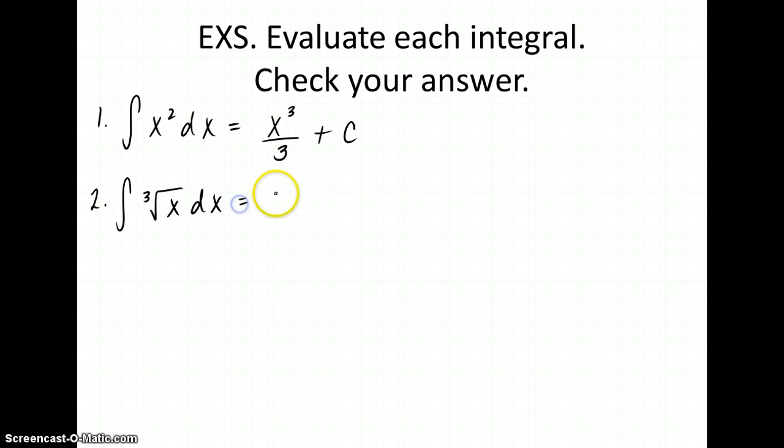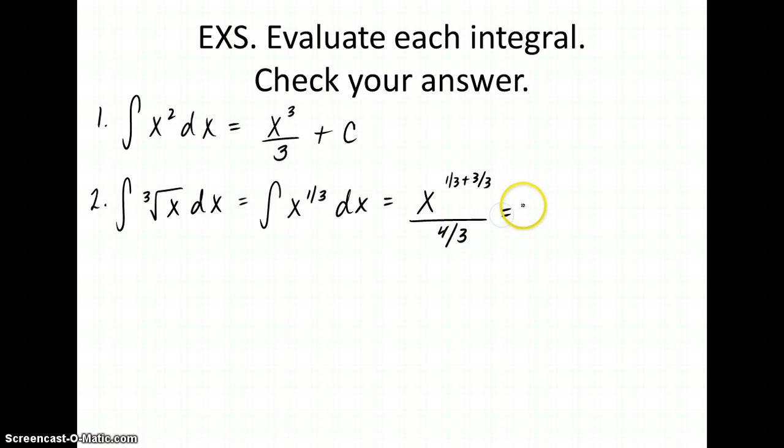So like when we learned the power rule with the derivative, rewrite it so it's in the form x raised to some power. Add 1 to the exponent and divide by the new exponent. Dividing by 4/3 is the same as multiplying by 3/4. 3/4 x to the 4/3 plus the c for the constant of integration.